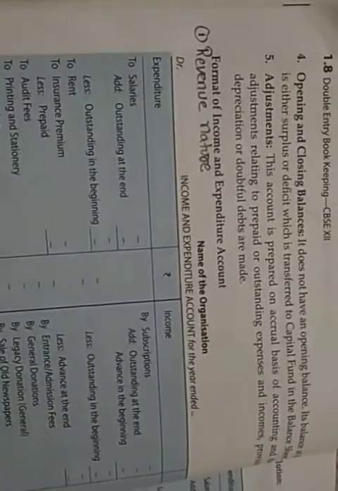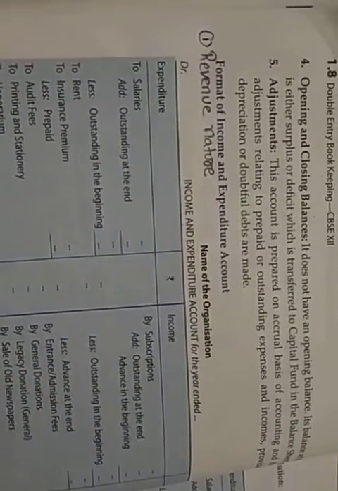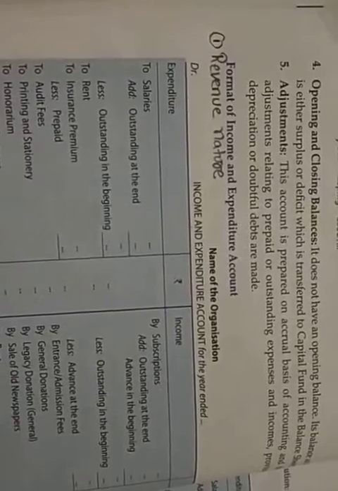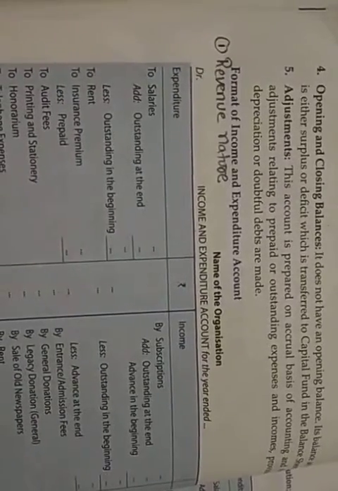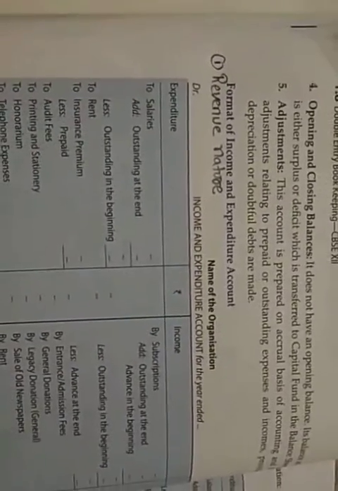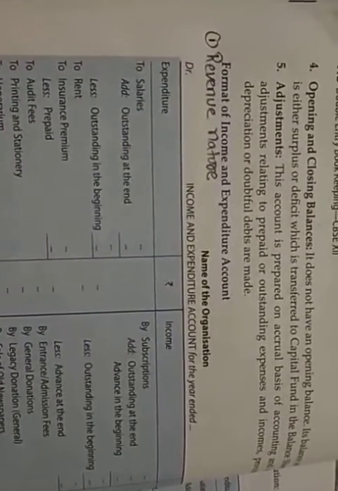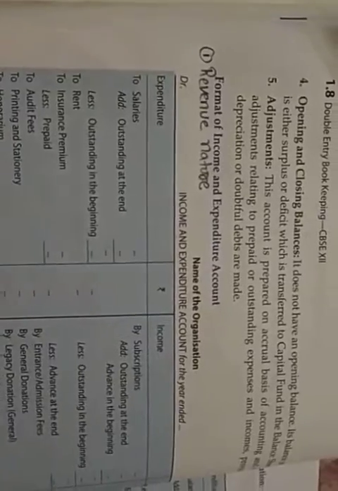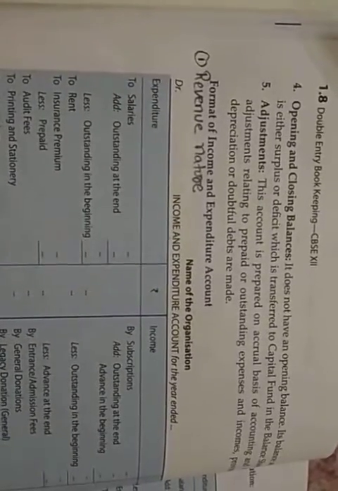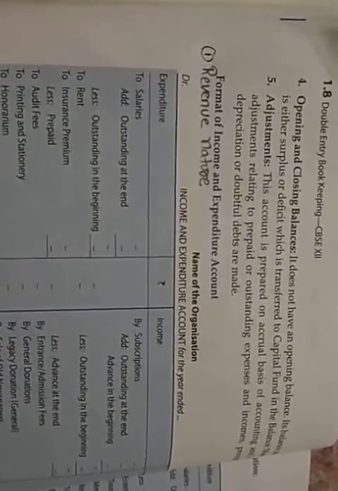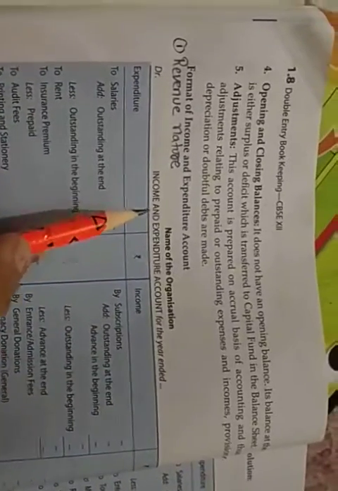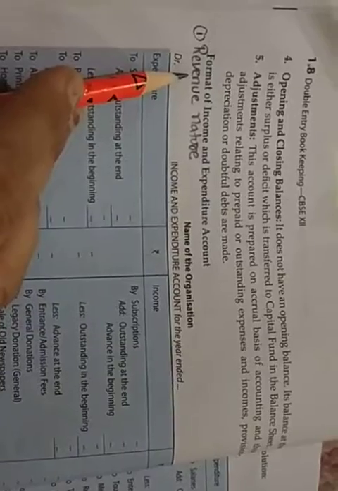Earlier we discussed the receipt and payment account, and in that account I told you to record all the receipts, whether of revenue nature or capital nature, current year, previous year, next year, any type of receipt or payment. But this account is different from that account. There we record all types of transactions, but here we record only revenue nature transactions.